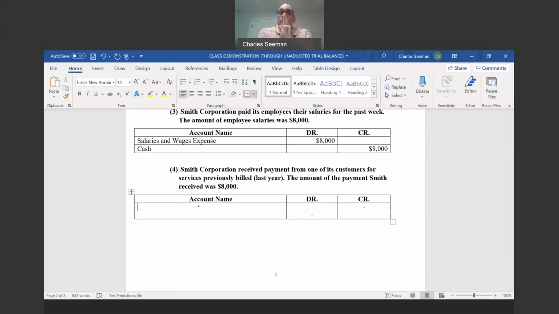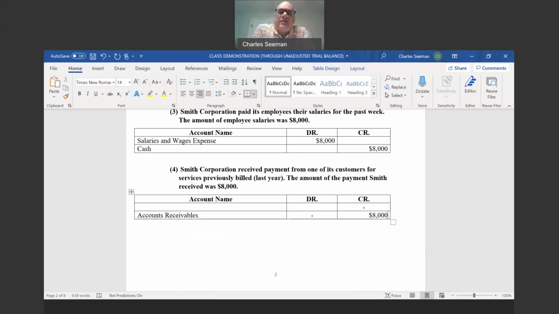Smith Corporation received payment from its customers, so a customer owed them money and, as we said earlier, when a customer owes you money, that's an accounts receivable. That's a resource owned and used by the business. And the customer doesn't owe us since they paid us. They don't owe us the 8,000 anymore because they paid us the 8,000. Accounts receivable, as we said, is an asset. Assets are on the left side of the accounting equation.